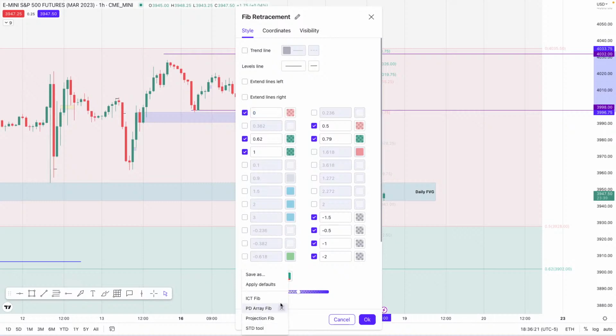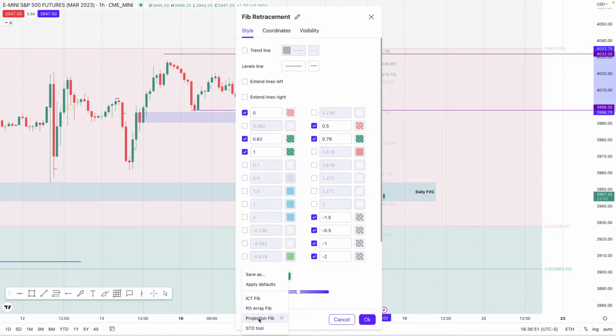And you can save your templates. If you look right here, I have my ICT fib, which just gives me my half, my 62%, 79% retracements. I have a PD array fib, that's the one Yuki posted in the group chat. Or I'm sorry, my PD array fib is just a 1 half point and a 0.